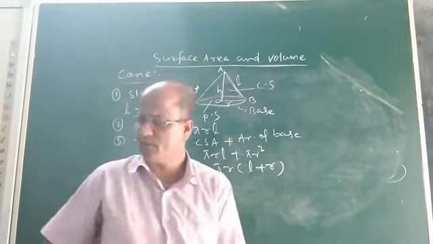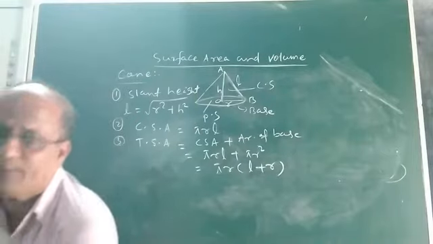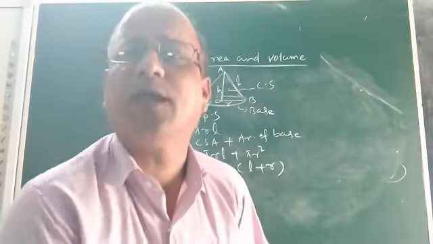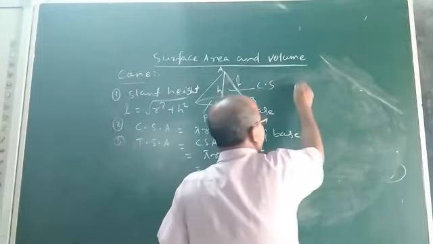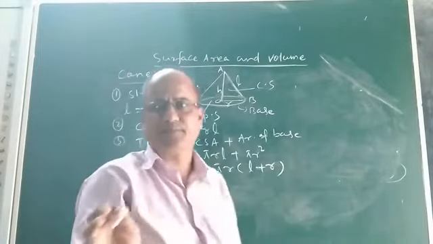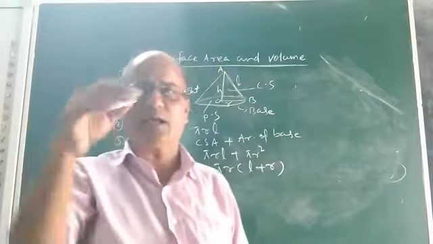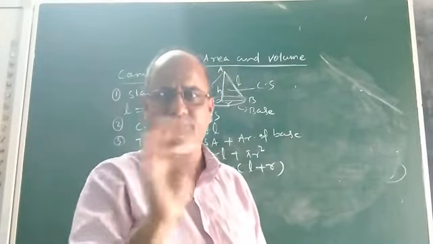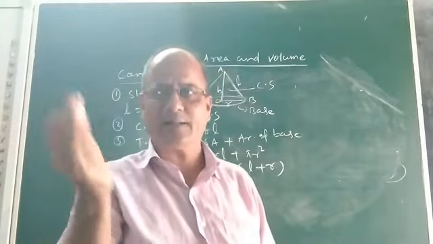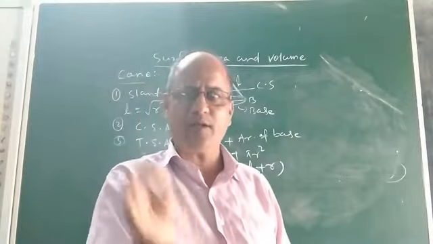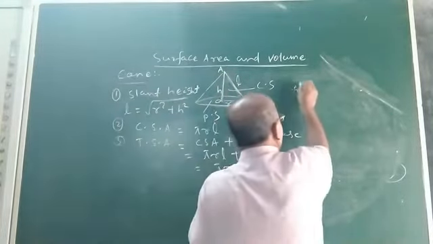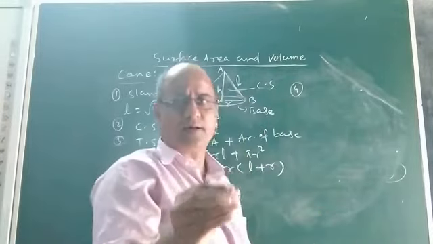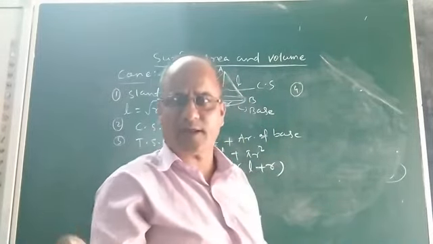Then what is the formula to find the volume of a cone? You know that the volume of a cone is 1/3 the volume of a cylinder. The volume of a cylinder, already discussed, is pi r square h.